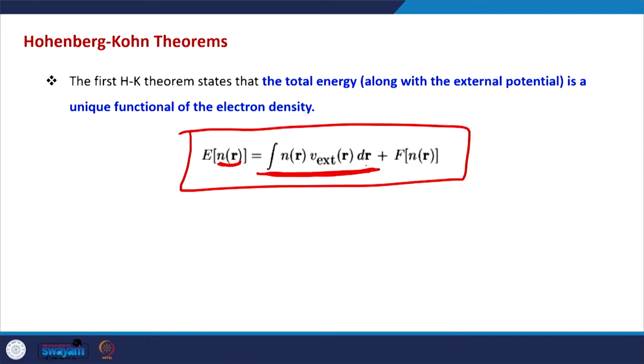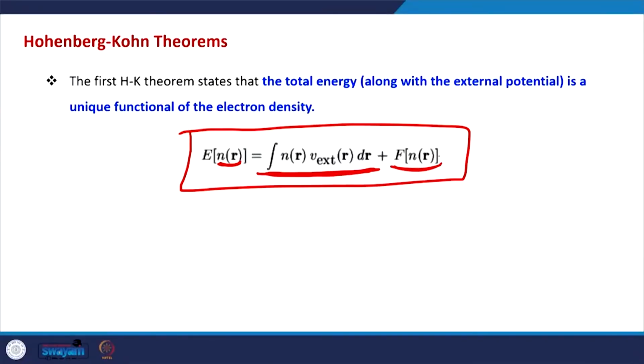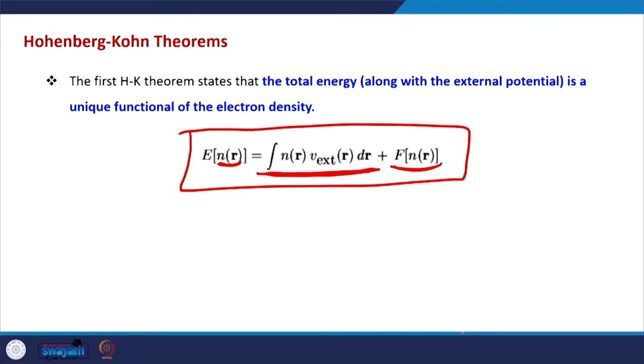External means interaction of electrons with nuclei, with atomic cores, plus in a way intrinsic energy functional. We'll come back to this. This is because of the electron-electron interaction in the system primarily, plus the kinetic energy, but kinetic energy is not dependent on the electron density, so it depends on the electron-electron interaction.